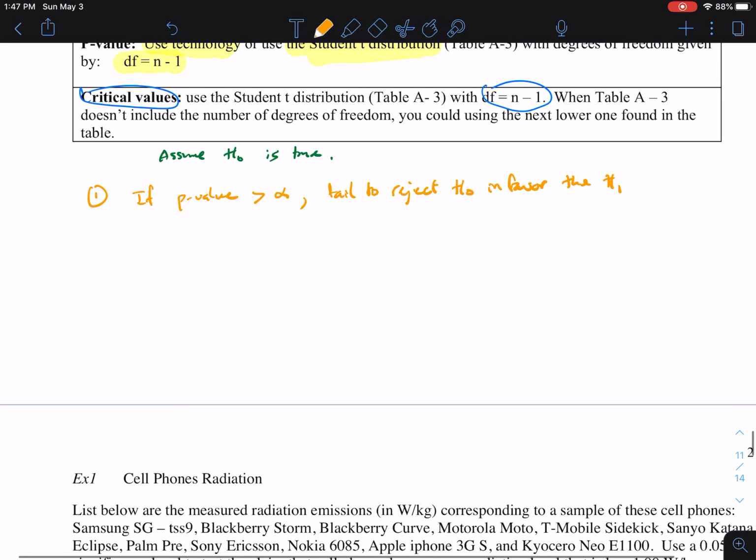The second conclusion: if we assume the null hypothesis is true, look at that distribution, and draw a random sample, and that random sample is indeed significant, then the probability of obtaining such a sample is much less than the significance level alpha. If this is the case, we don't support the null hypothesis.